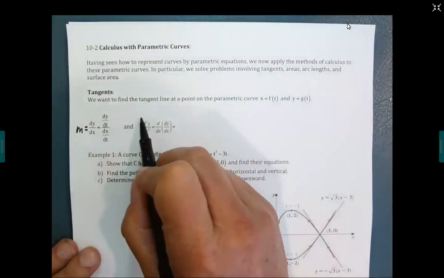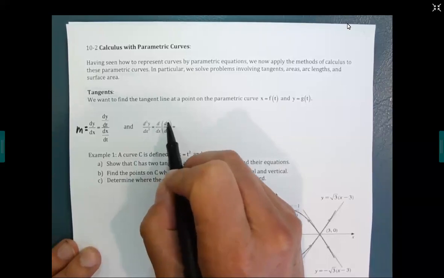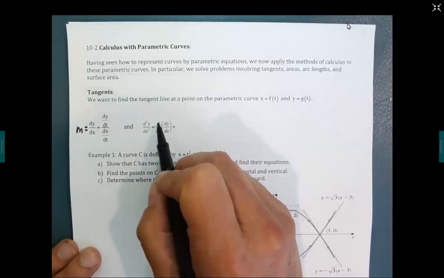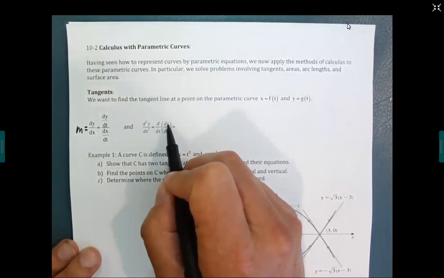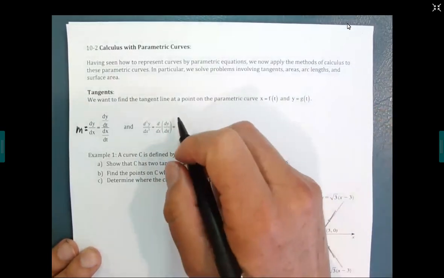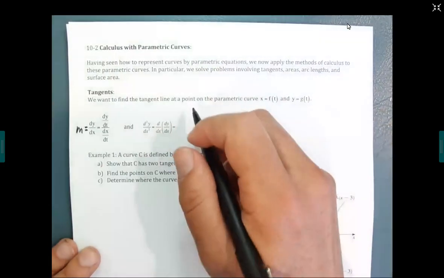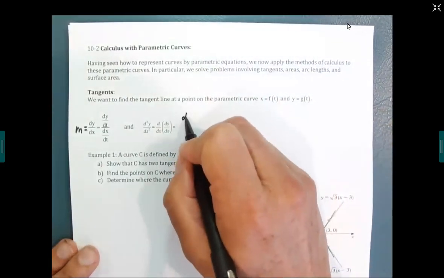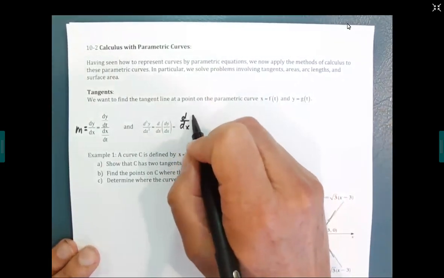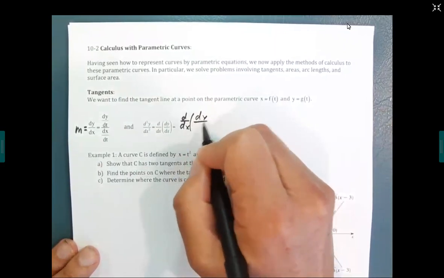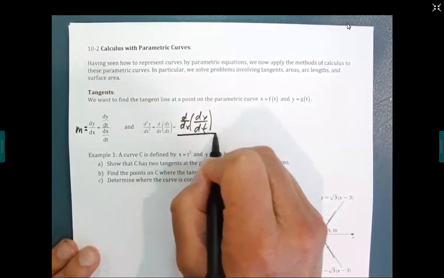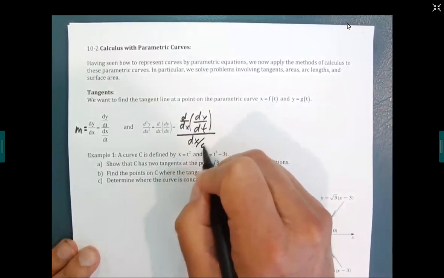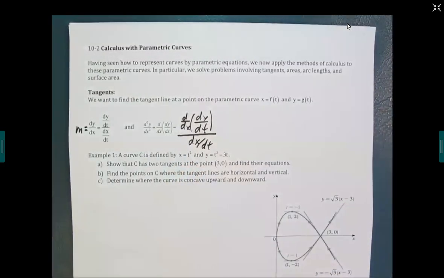So here's the second derivative, and when we break it up by pieces like this, this is saying take the derivative with respect to x of the derivative of y with respect to x. Because we have to introduce t now into this, we end up with this, which is our derivative.